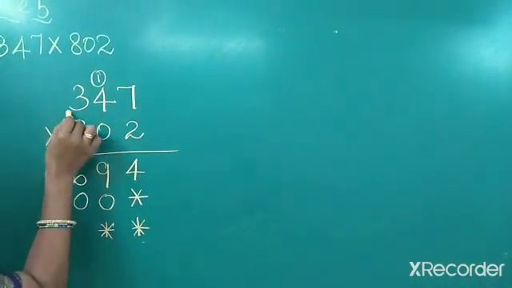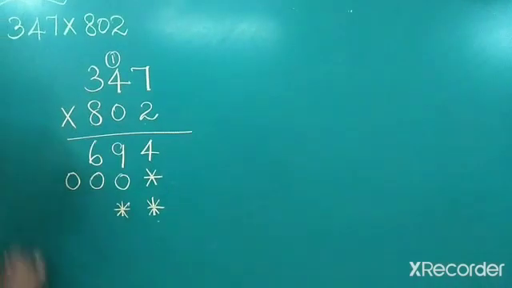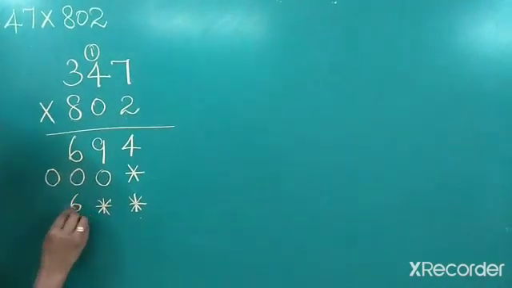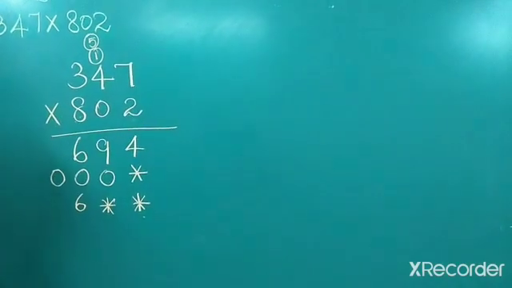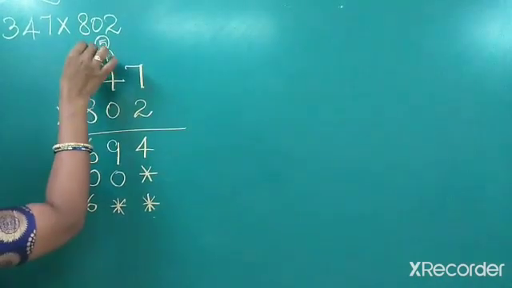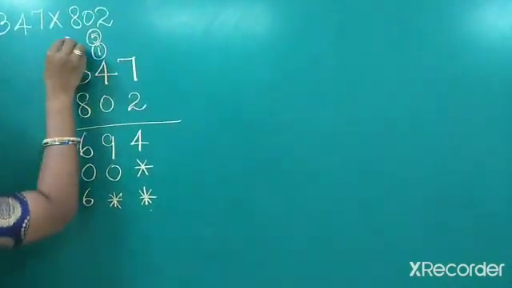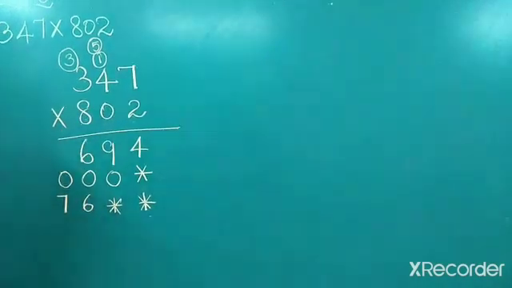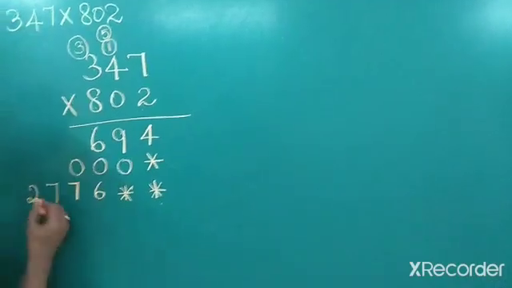Okay. Now multiply 347 into 8. 7 8s are 56. So 5 carried over. 8 4s are 32 plus 5, 33, 34, 35, 36, 37. So 7 and then 3 carried over. 3 8s are 24 plus 3 is 27.